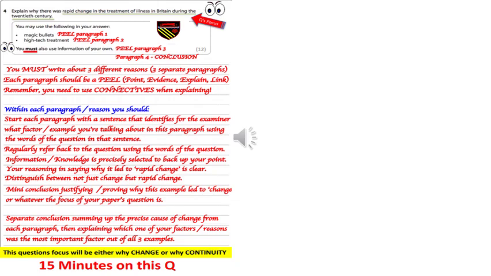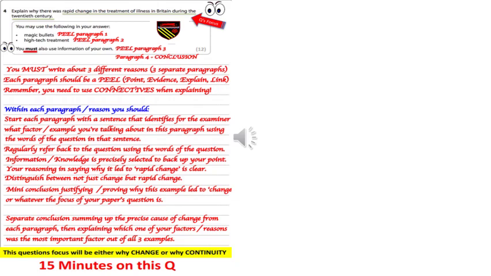Okay, I wrote in PEEL paragraphs when I was writing my PhD, so you need to make sure that you're using that. That is a basic building block of a good piece of extended writing, that PEEL paragraph. So within each paragraph or reason, you should start each paragraph with a sentence that identifies for the examiner what factor or example you're talking about in this paragraph, using the words of the question.